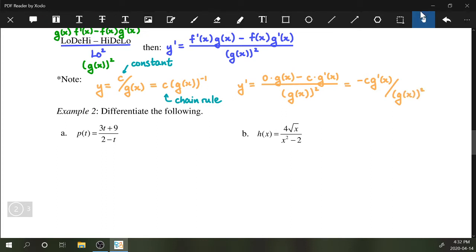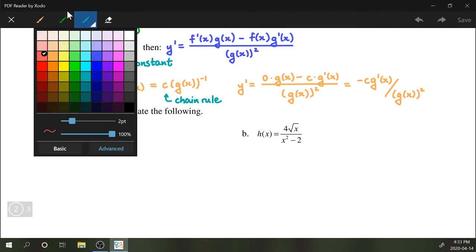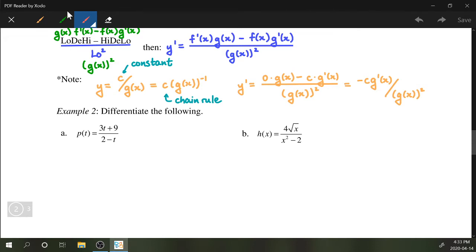Okay, so let's look at some questions where we basically have to use the quotient rule. Starting with example A, p of t is equal to 3t plus 9 all over 2 minus t. So let's look at what we get if we apply the quotient rule.